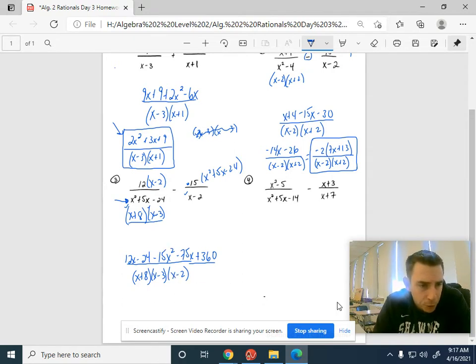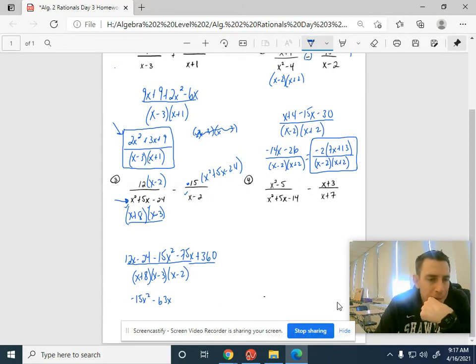All right. Group like terms in the numerator. So 12 and negative 75 would be a negative 63x. Okay.